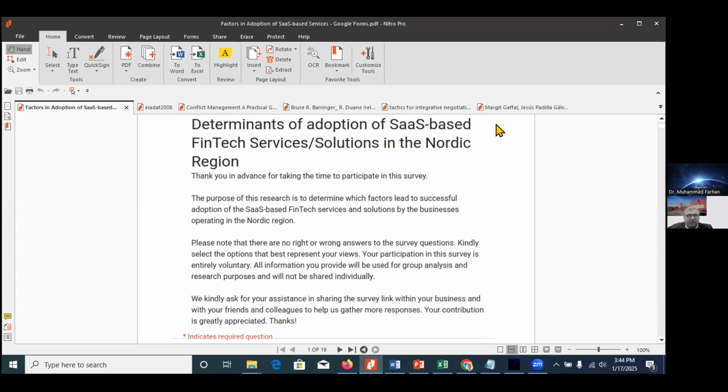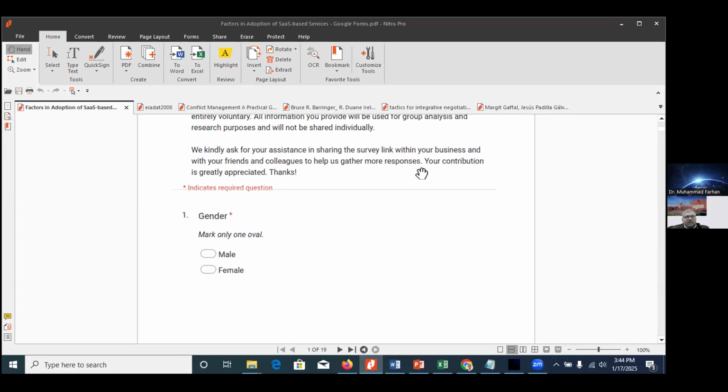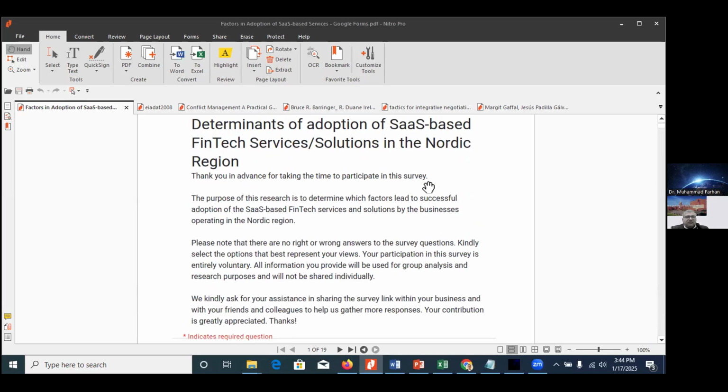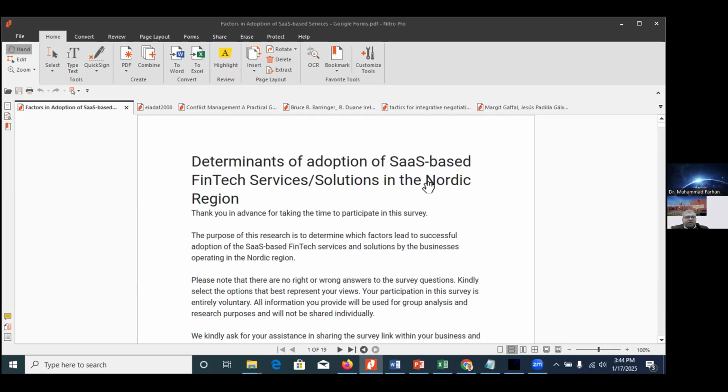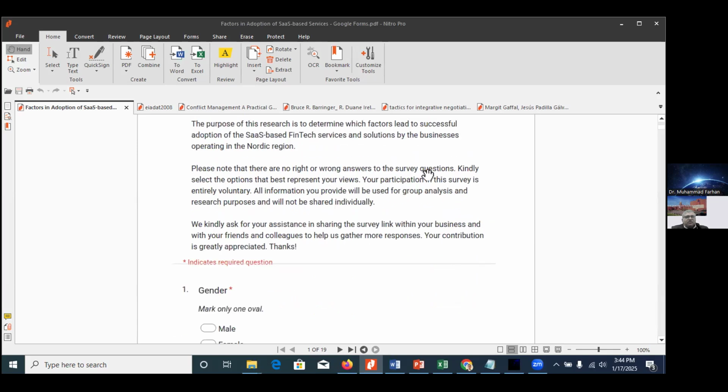Thanks, Faryal. So this will give a better idea. This is a published paper which talks about the factors that determine the adoption of SaaS-based fintech services. SaaS is software as a service.